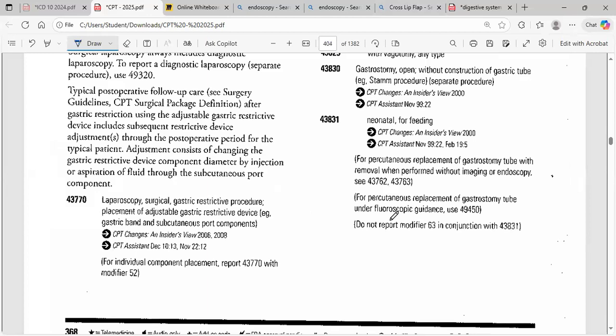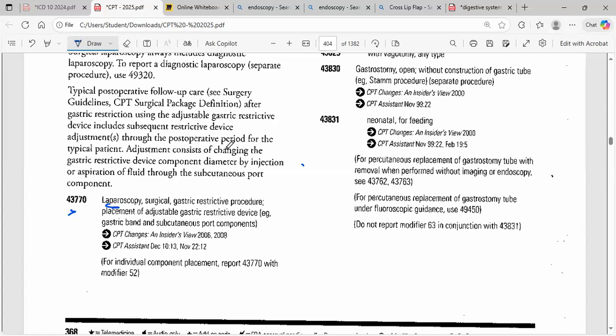Also, we do have codes for the laparoscopy procedures. So what is the difference between laparoscopy and endoscopy? In endoscopy, the scope is inserted through a natural or artificial orifice, whereas in laparoscopy, the scope is inserted through the abdominal cavity.